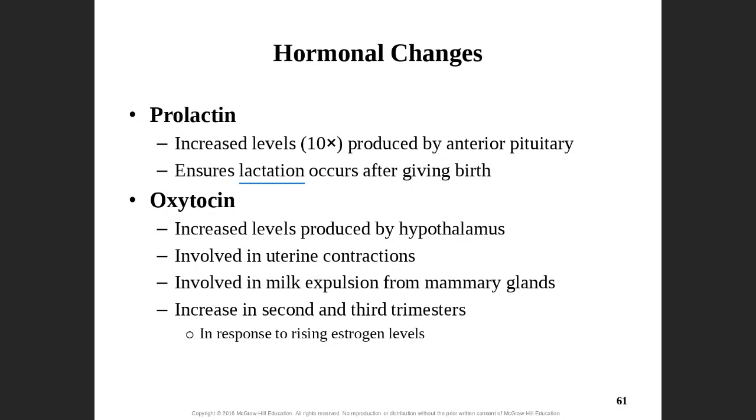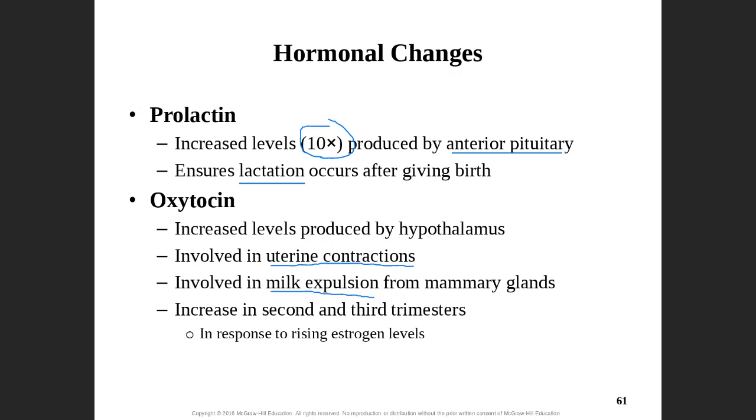After the mother gives birth, she'll start to produce milk, and we'll see a huge increase, tenfold, by the anterior pituitary. Now, oxytocin plays a couple roles. It's going to play a role in uterine contractions when it's time for delivery during labor, but it also plays a role in milk expulsion. So it does quite a bit.